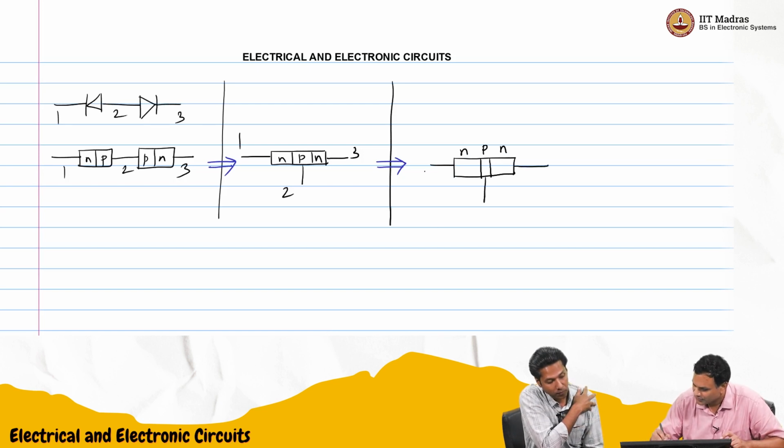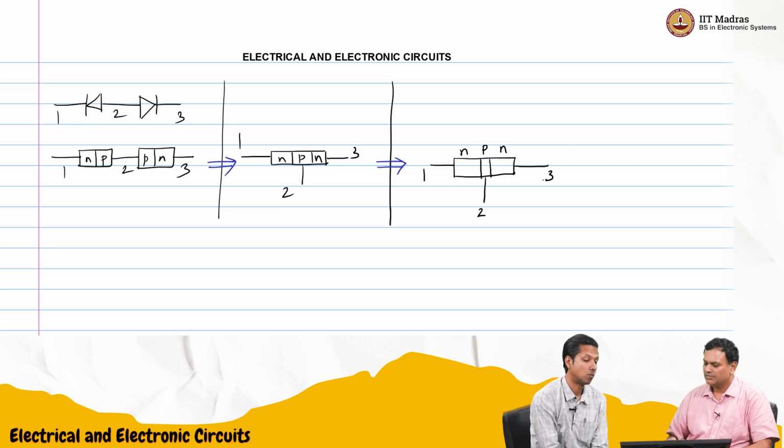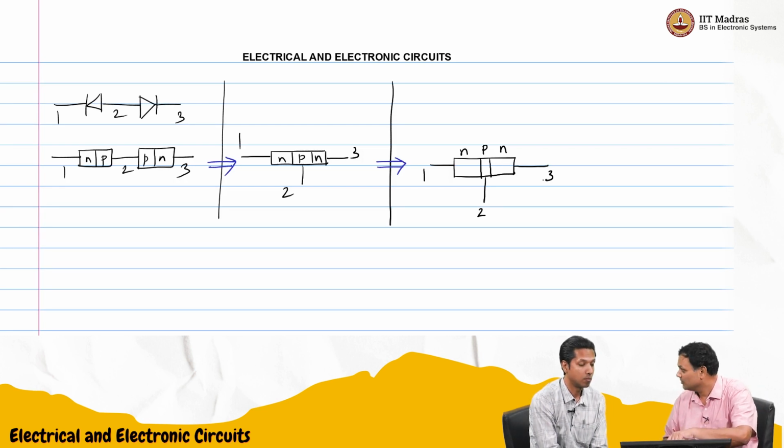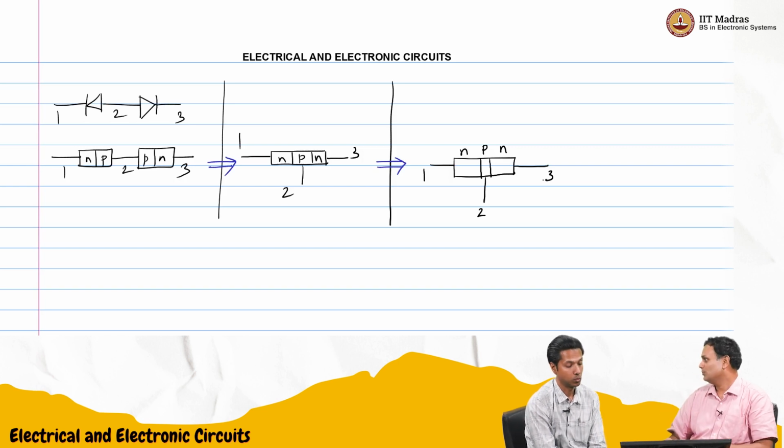So 1, 2 and 3. Now I have made the P thinner and thinner. In fact, if you make it very thin, even if I take a wire like this, most of the current will try to go from 1 to 3. I think very little current will try to even flow through 2 if I make it very thin.